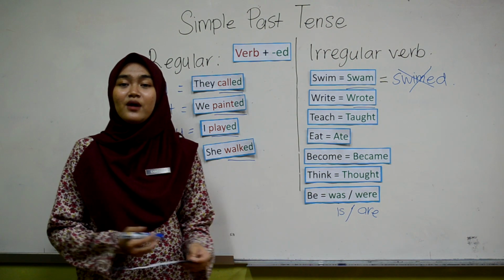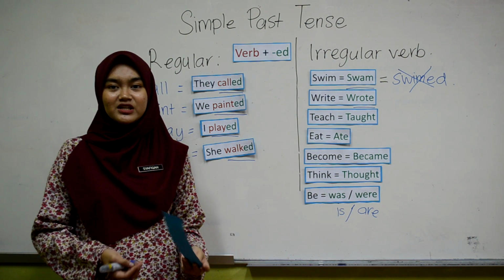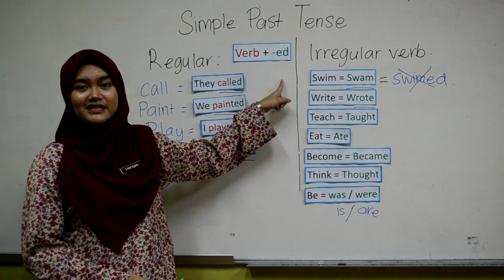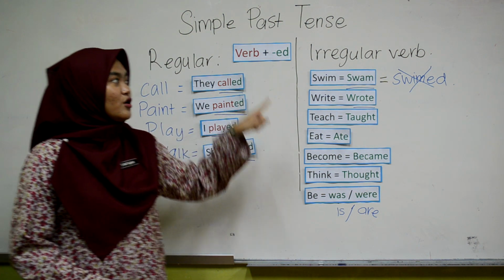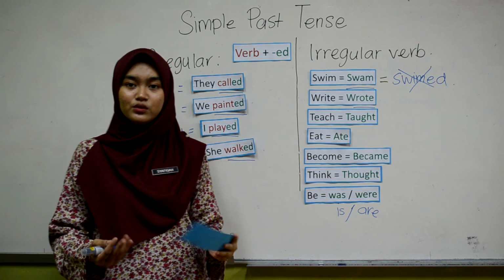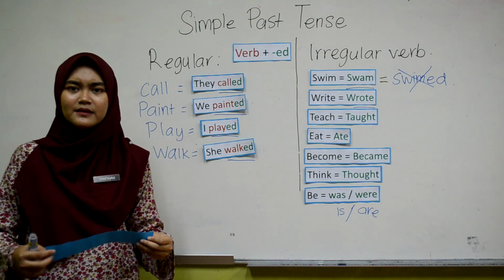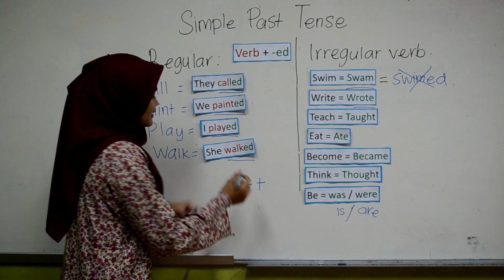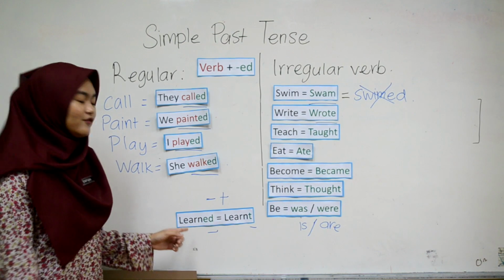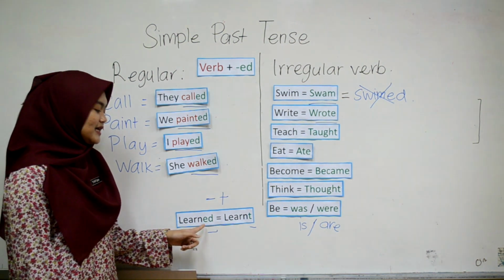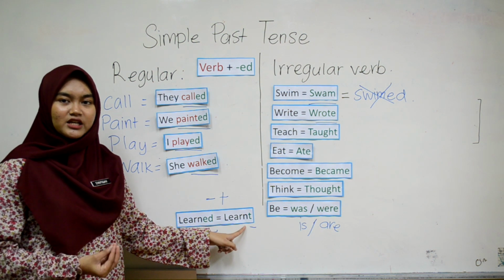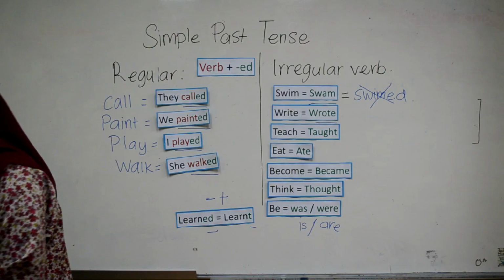Okay students, there is one verb that you can change into the regular form by adding ed, or you can add t at the back of the verb. For the verb learn, you can do plus ed and also plus t to change it to past tense.